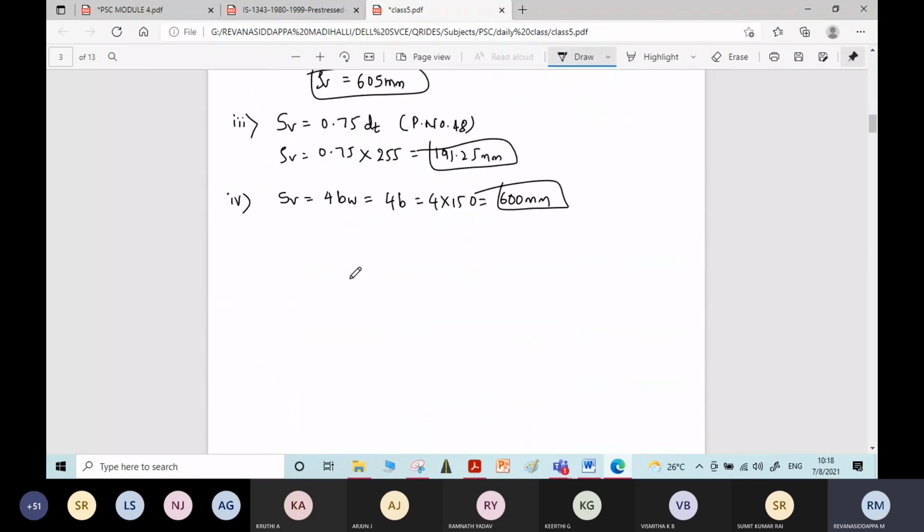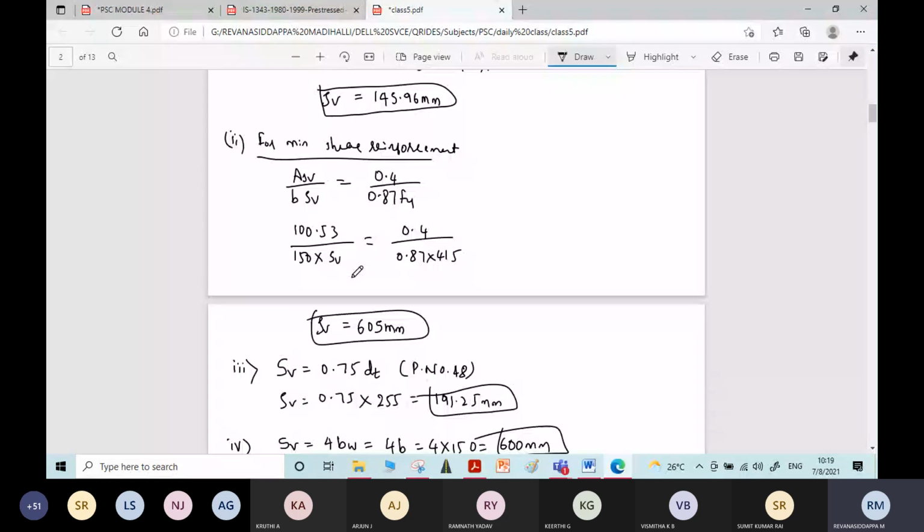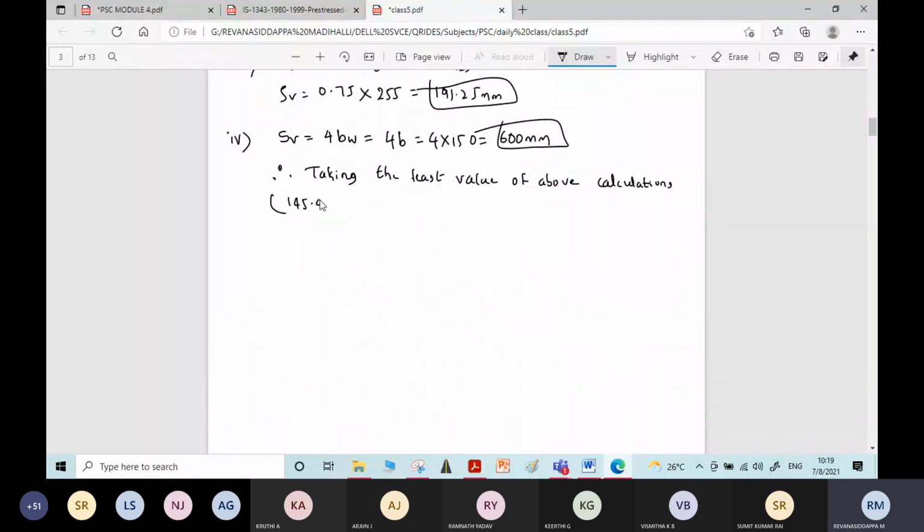Therefore, at the last you write, therefore, taking the least value of above calculations, that is 145.96 mm.